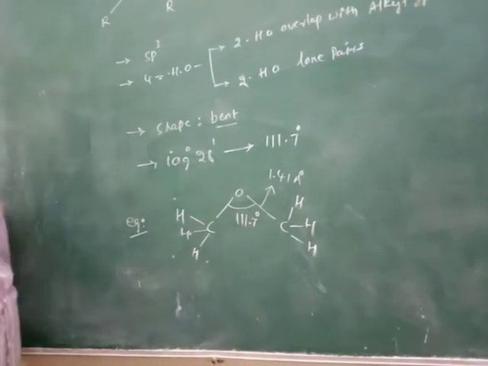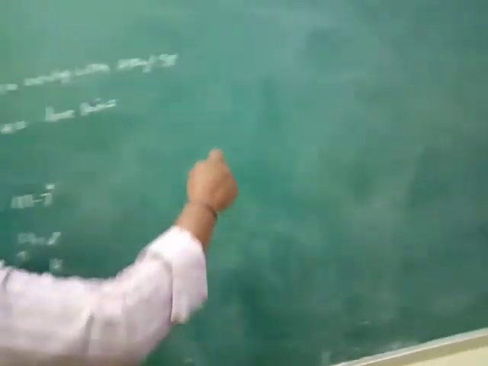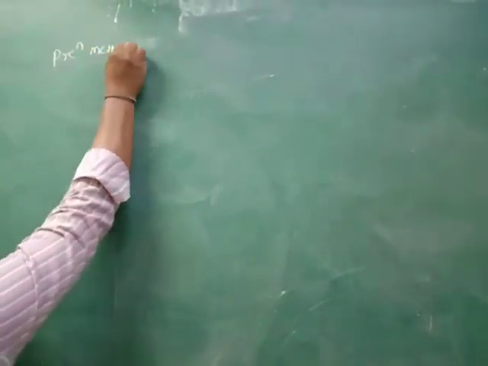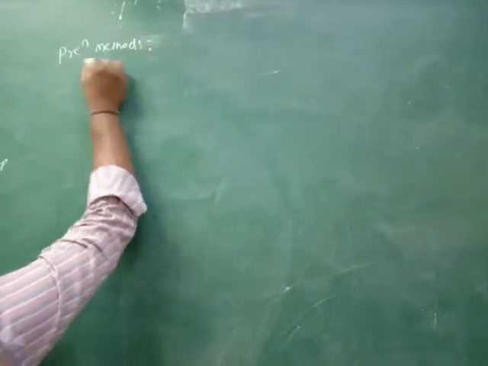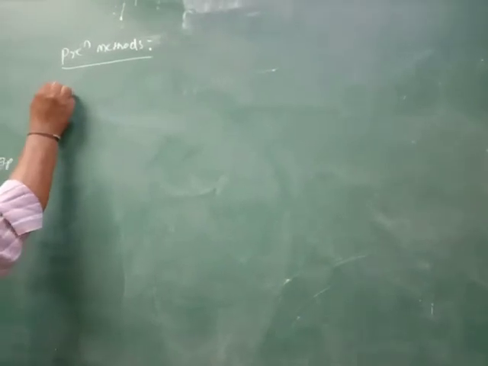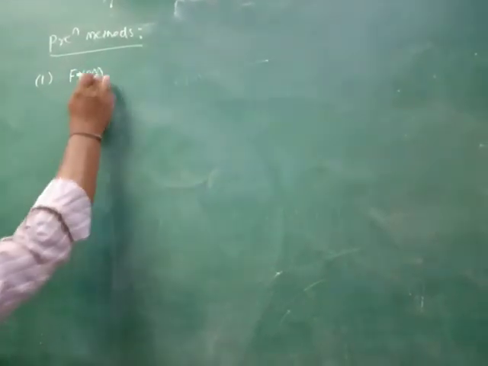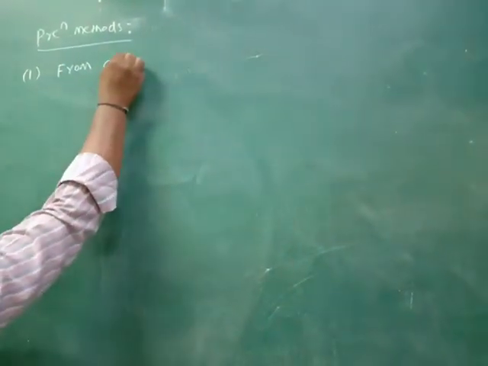After completion of the structure of ethers, we are going to discuss preparation methods of ethers. The first preparation method is that ethers are prepared from alcohols.